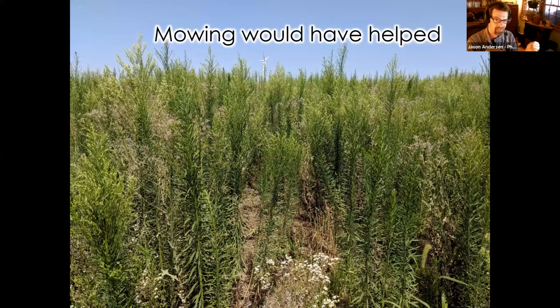But what does grow is annual plants, we call them weeds. Right, Michelle, a weed is only that which is out of place. In this picture here, pretty much everything you see is mare's tail, an annual weed that is super common in crop fields. It is everywhere basically. There's also Canada thistle in there, but we're not going to talk about that. That's a separate issue.